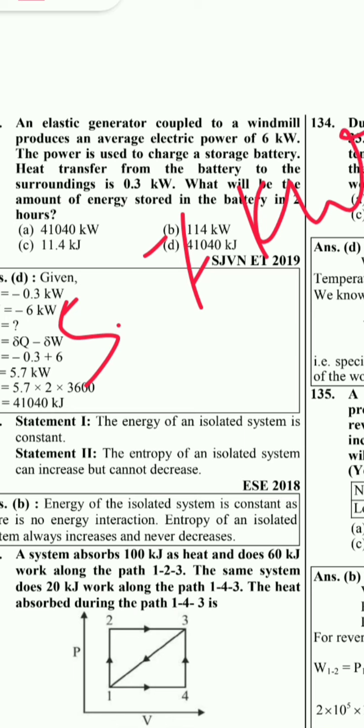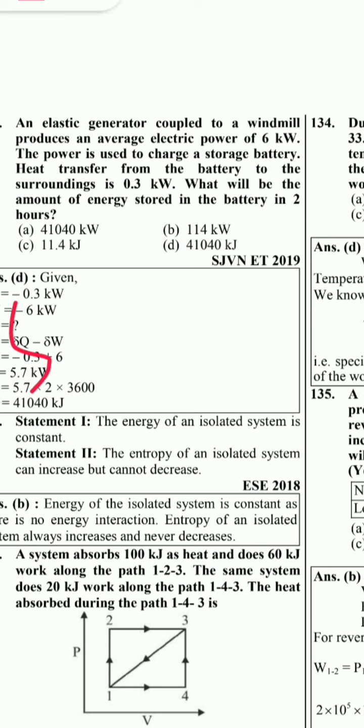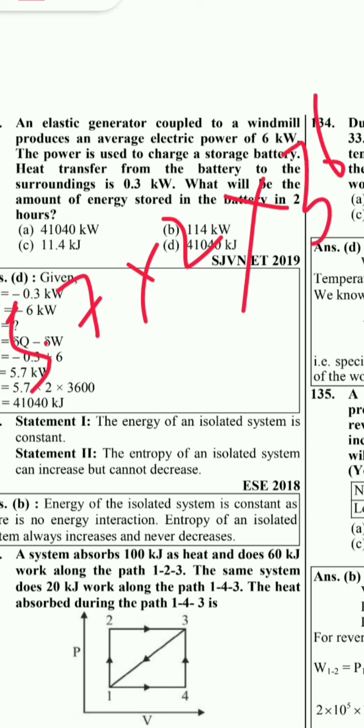But here we have to find the amount of energy stored in the battery in 2 hours. So for a 2 hour duration, we just have to multiply the 5.7 by 2 into 3600.